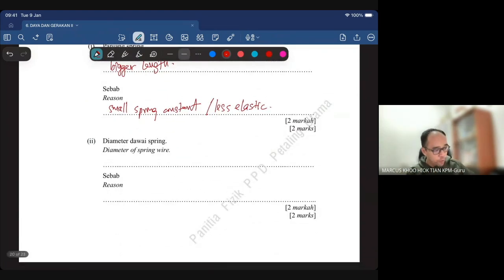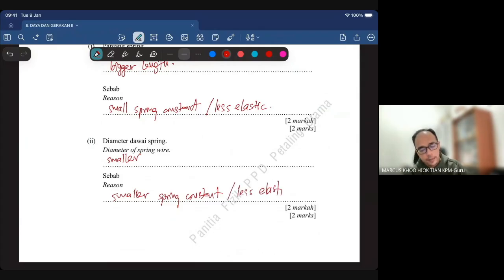The diameter of the spring wire should be small, for the very same reason: smaller spring constant, or less elastic. The diameter of the spring wire, the thickness of the spring. Remember, this refers to the same thing as the thickness or the cross-sectional area.